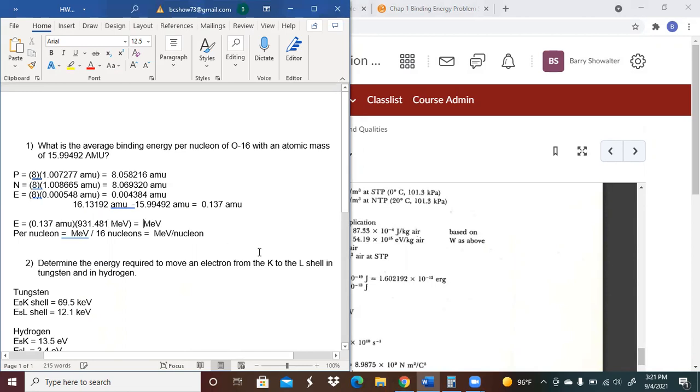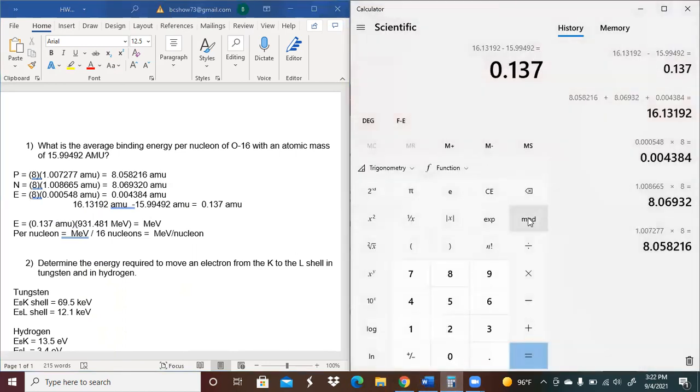I'll go ahead and throw all of that in there together. So this is going to be the actual energy. Up to this point, we've computed the mass. Now we're going to find out how much energy is in that. So 0.137 times 931.481.